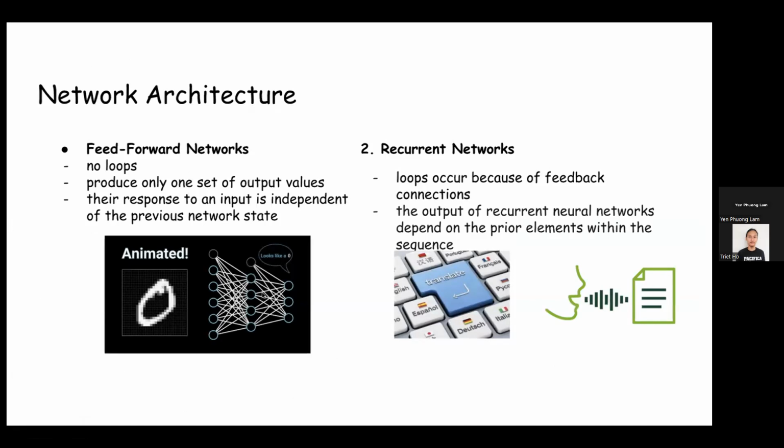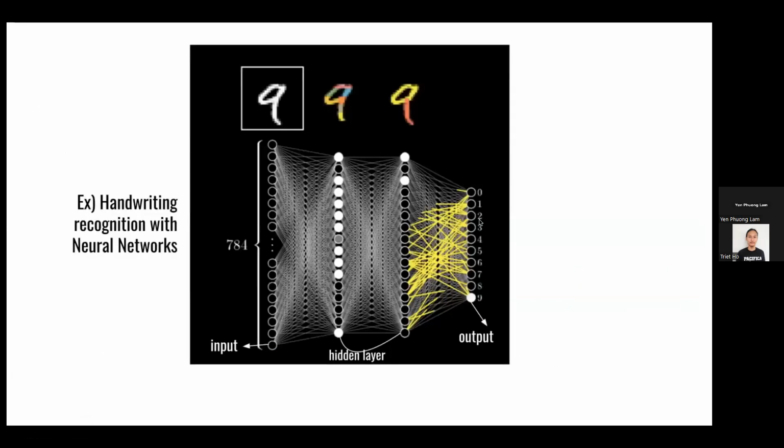So for the feed-forward network, I use this as an example to explain more. We put in the number 9 as an input, and the number 9 is made up of each pixel here. Each pixel is associated with a neuron, and in the next layers this is divided into smaller parts, and each part is also related to a neuron.